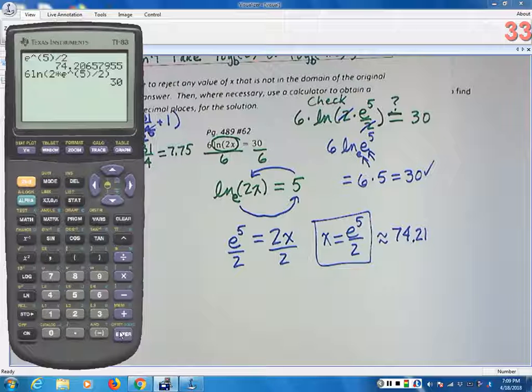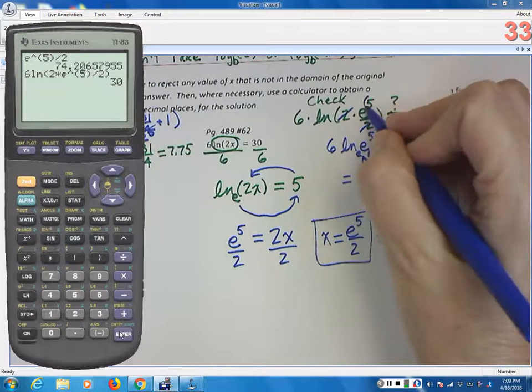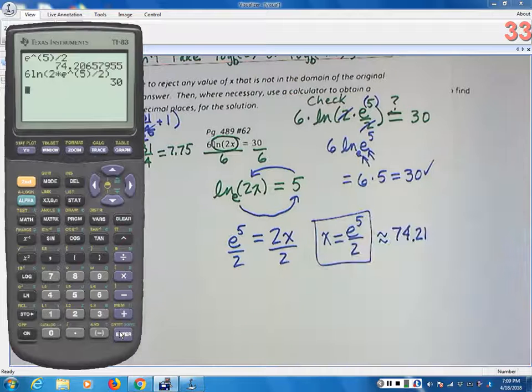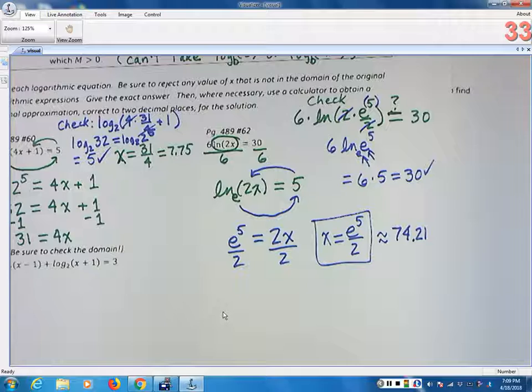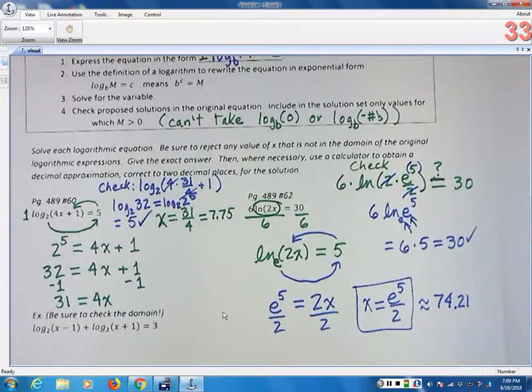You've got to close them when you're done with your exponent. When I put this in, it added a parenthesis here, and I had to close it. Okay? So this is using the properties, the definition of logarithm, to solve logarithm equations.